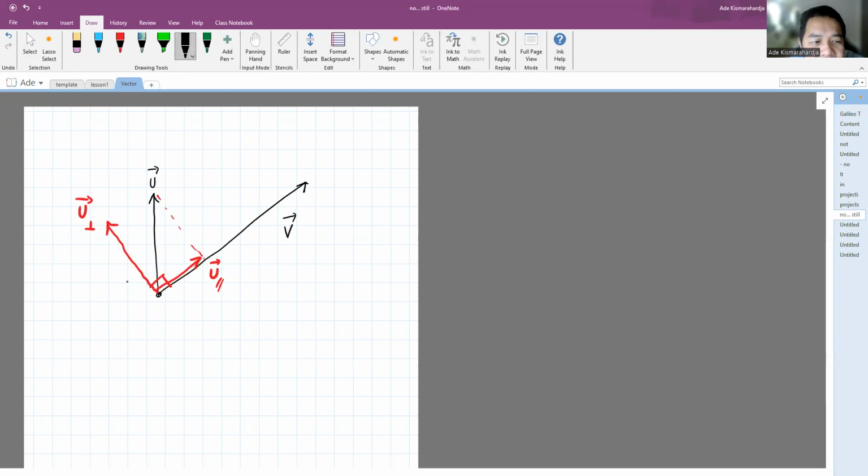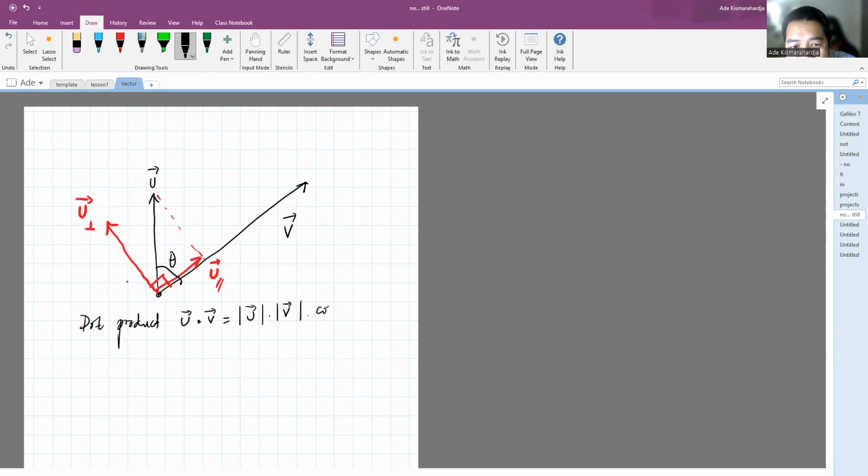Now, previously, I already explained that the dot product is basically the multiplication between these parallel components. So in this case, when you do a dot product between U and V, that's the magnitude of U times the magnitude of V times, for example, now we have an angle here between U and V. Let's call it theta.